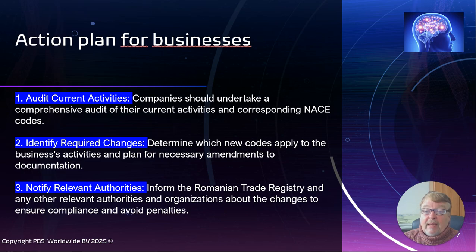Yeah? Then identify required changes. So determine with tables which new codes apply to the business activities and plan for the necessary amendment documents. So you have to replace the old codes by new ones, add some codes, change some codes, and so on. Then notify relevant authorities.